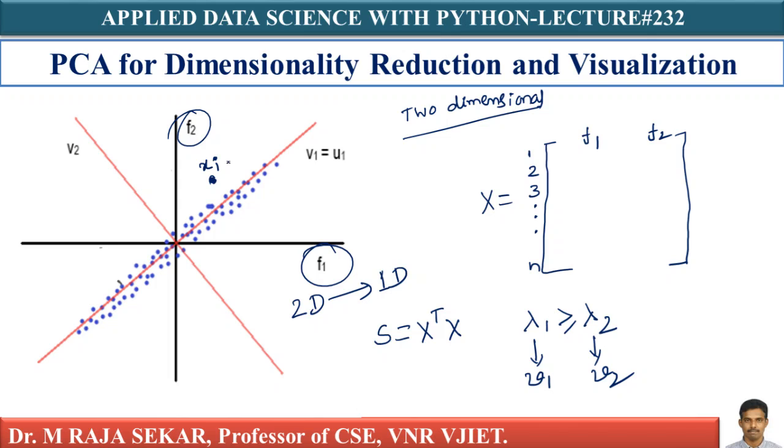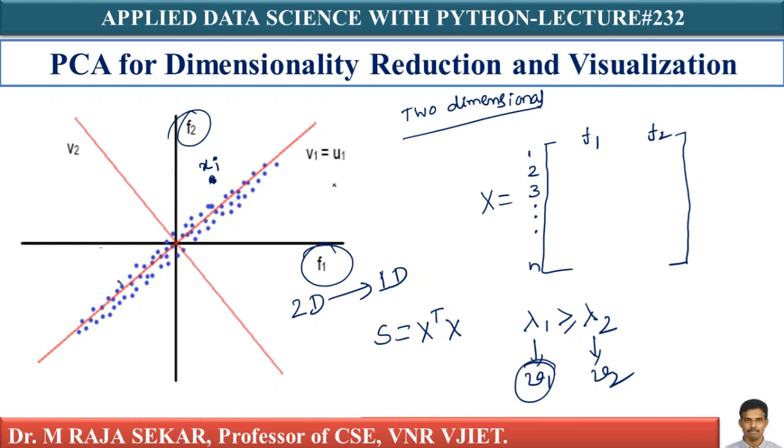I know that instead of projecting this data onto F1, which is feature 1, the best direction to project is V1. Why? Because this is the direction along which you can find maximum variance.